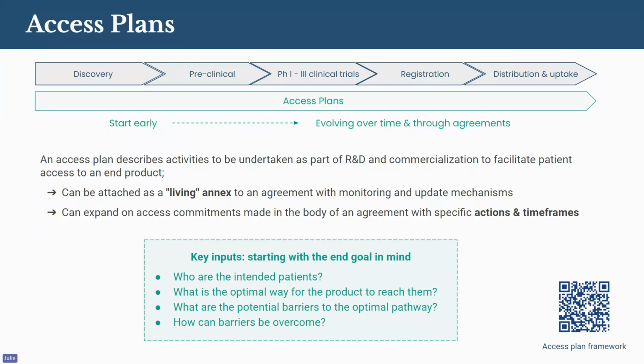And I should mention that the U.S. National Institutes of Health, when they license out their innovations, require an access plan from the licensee saying how they're going to overcome any impediments and develop the product to reach the populations that they have said they intend to reach. Again, the access plan framework is actually in our materials, and the QR code is on the slide.